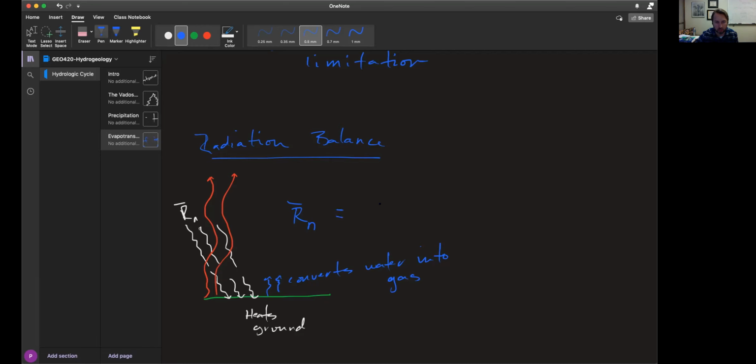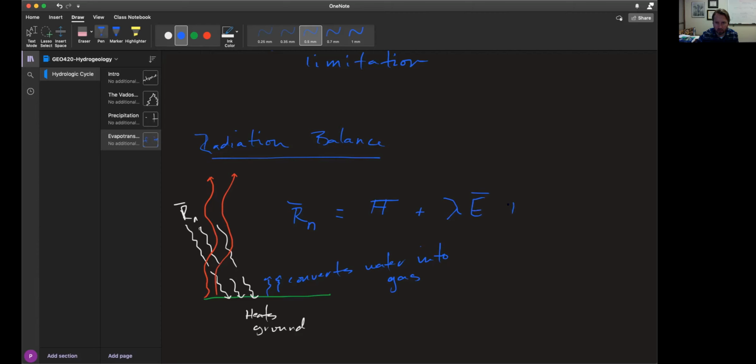So we can write this as the sensible heat flux at the ground, which is essentially heat being transferred from the ground into the air and heating the air, plus the latent heat, that's this lambda, times the evaporative flux.